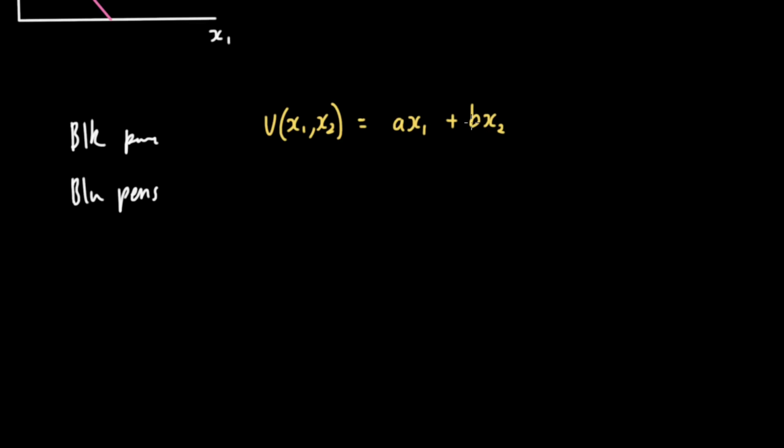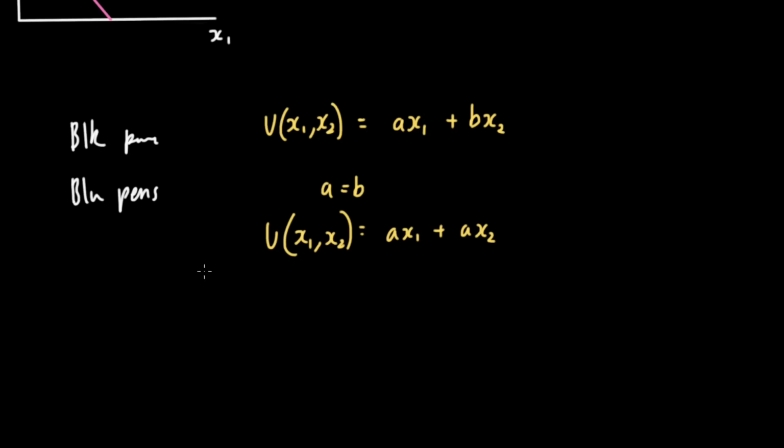So in this specific case, A is actually just equal to B. So I could rewrite our utility function, u(x1, x2), as equal to ax1 plus ax2. And so now what we want to do is to find what our marginal rate of substitution is.